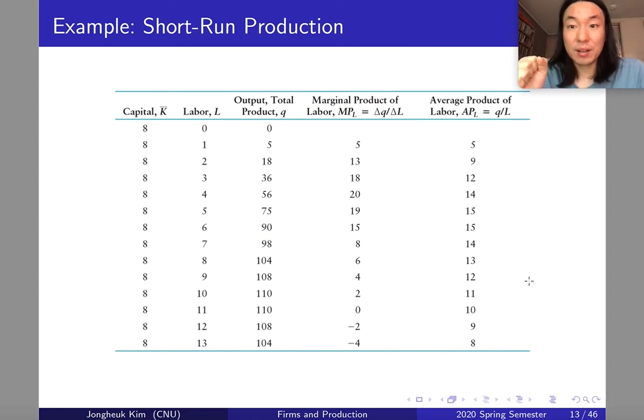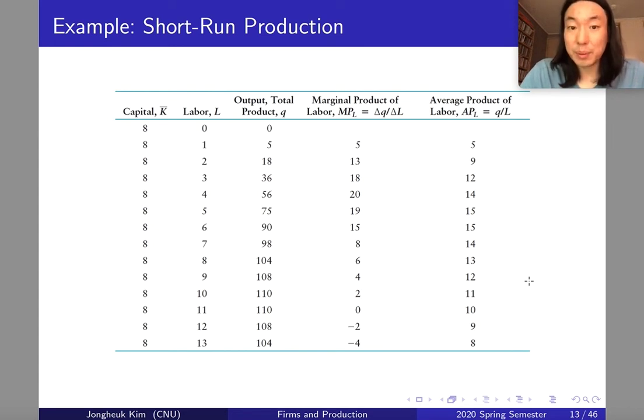Okay, let's see the second step. The labor is increasing by 1 unit more, from 1 to 2, from the second row to the third row. So labor is increasing by 1 unit. How about the output? Output is increasing by 13 units at this point, from 5 to 18.